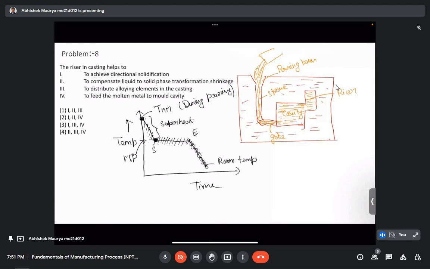So we compensate these volumetric shrinkages with the help of the riser. From the molten metal temperature to the end of the solidification, this volumetric shrinkage is compensated by the riser, whereas the shrinkage which happens during the cooling of the solid metal is taken care of by the pattern allowances.